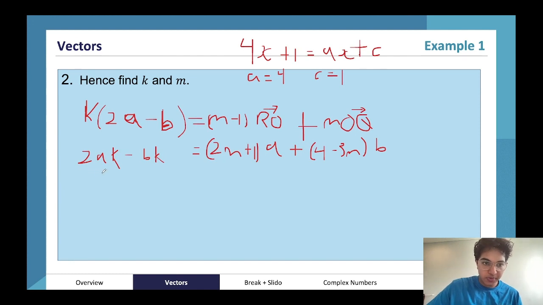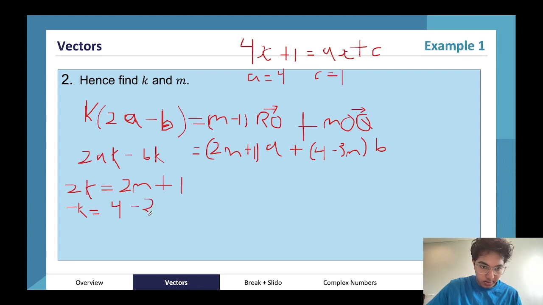So looking at all the terms in front of A, I could guess that 2k is equal to 2m plus 1. So 2k equals 2m plus 1, and minus k is equal to 4 minus 3m.